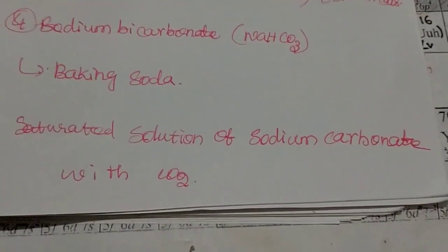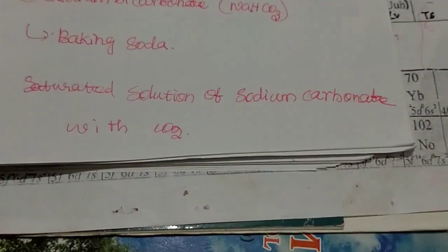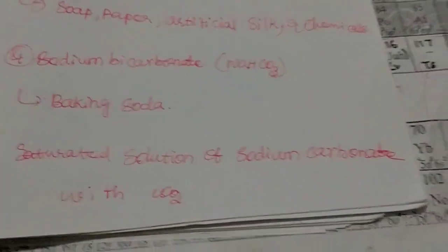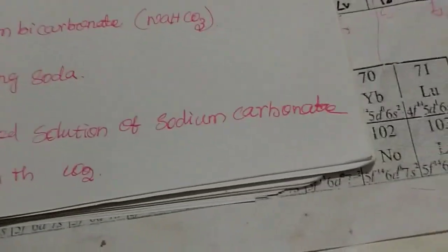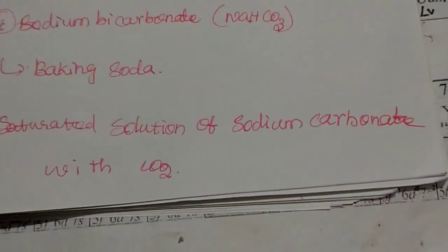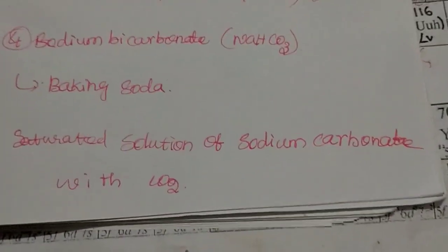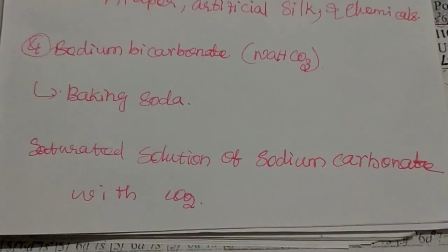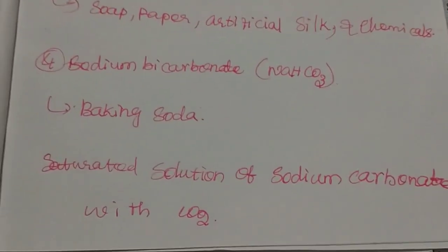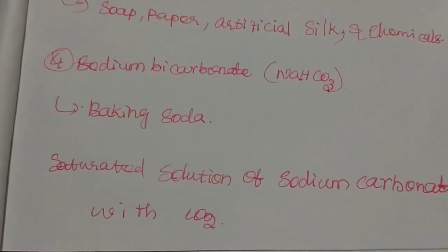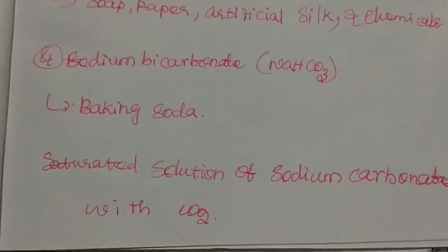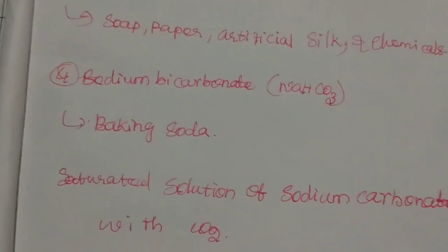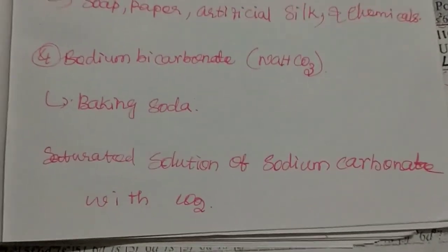So that sodium carbonate reacts with the carbon dioxide to form sodium bicarbonate, that means baking soda. This is a white crystalline powder, sodium bicarbonate, and it is less soluble. If you dissolve this in water, you will get a precipitate of sodium bicarbonate. So it is a less soluble compound.